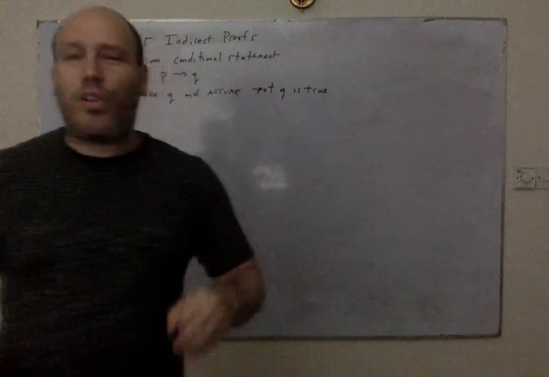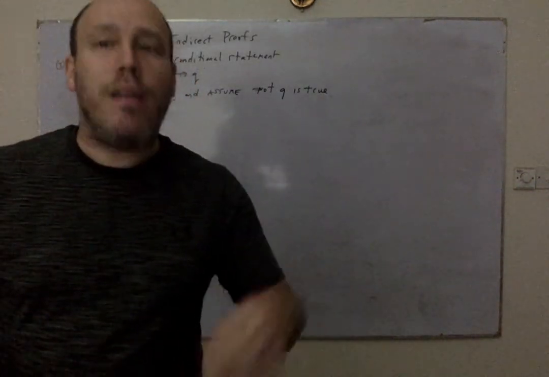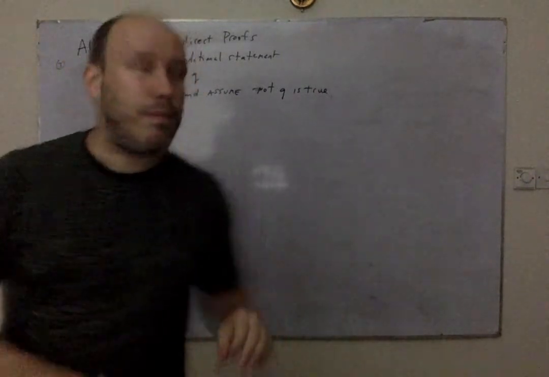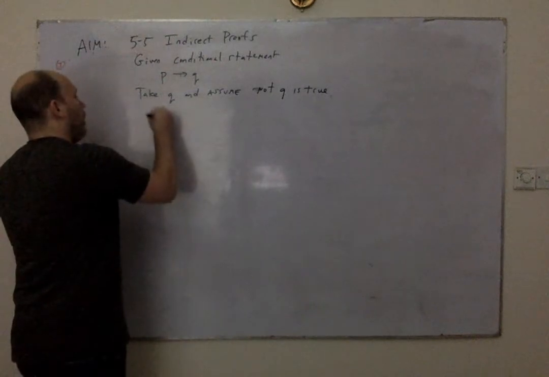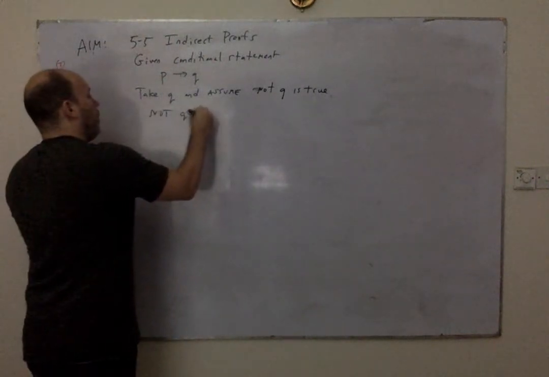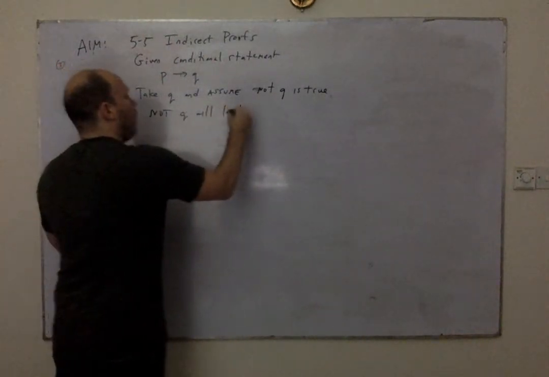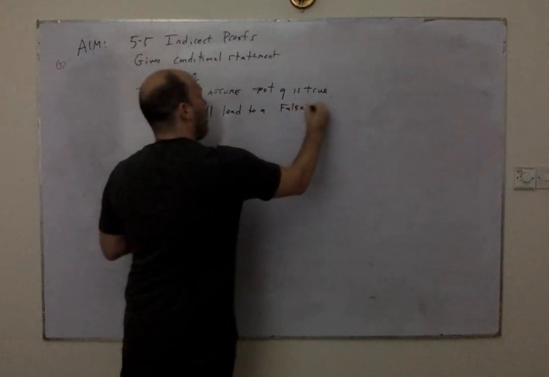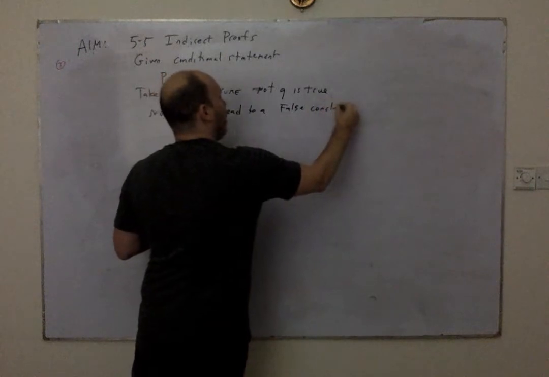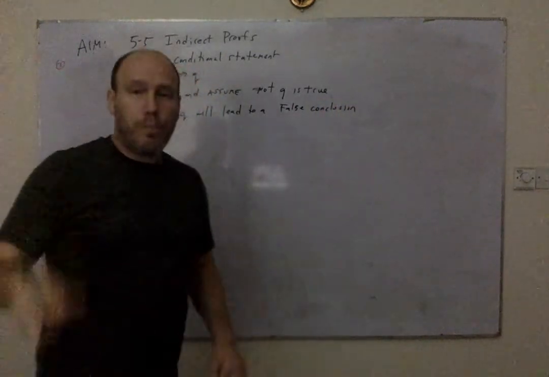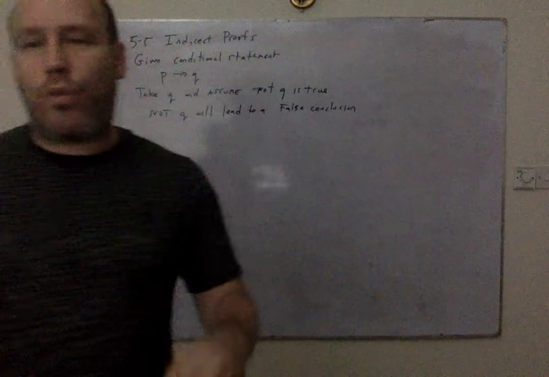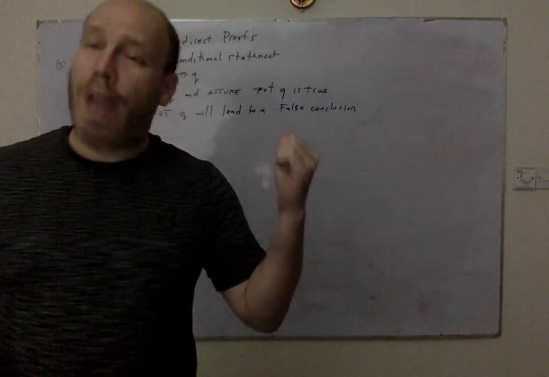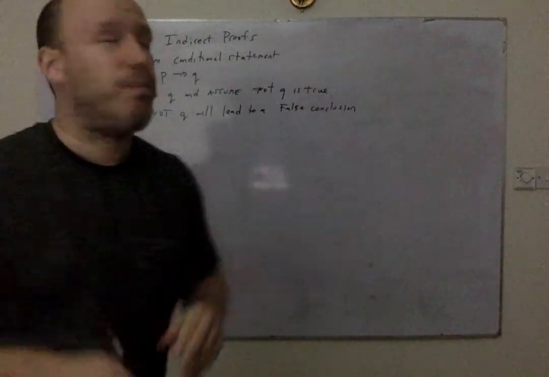Then you're going to use that negative statement, or the not Q, to arrive at a false conclusion. At this point, you can conclude that your assumption was false and that the actual statement was true.